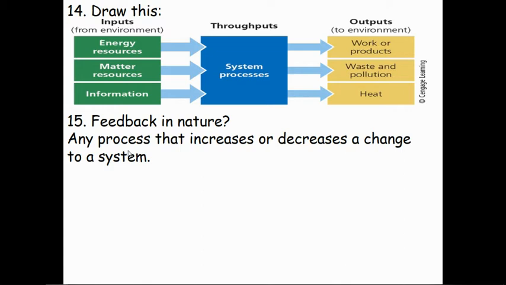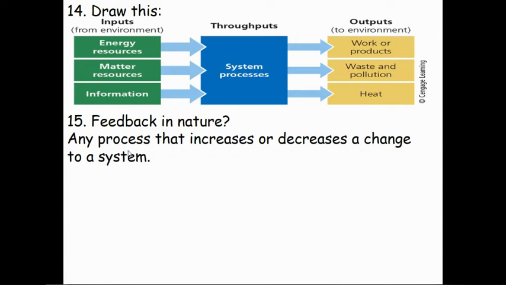Negative feedback, like for example, more clouds because of hotter temperatures evaporating more water. Clouds actually reflect sunlight, which means that less sunlight gets to the ground, less sunlight adds heat to the atmosphere. So that counteracts the heating, and it brings it back closer to an equilibrium.